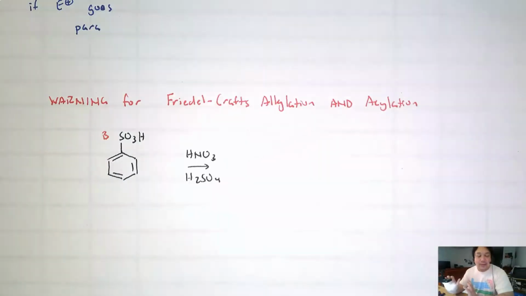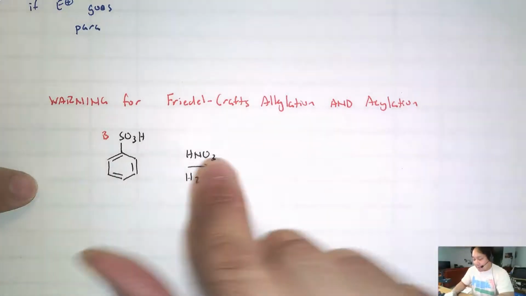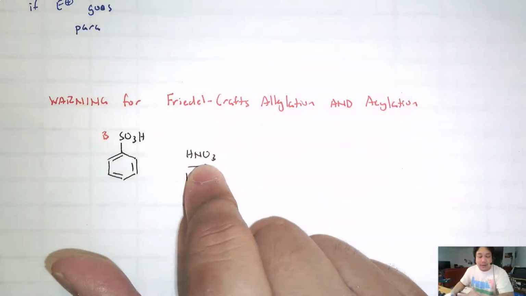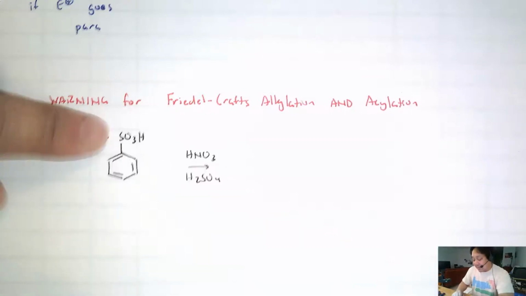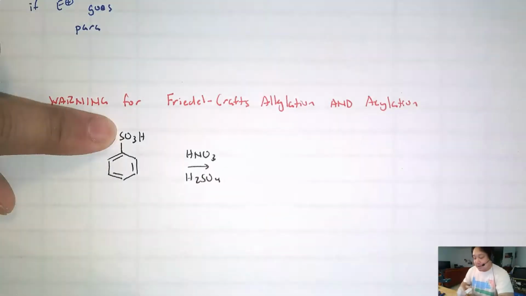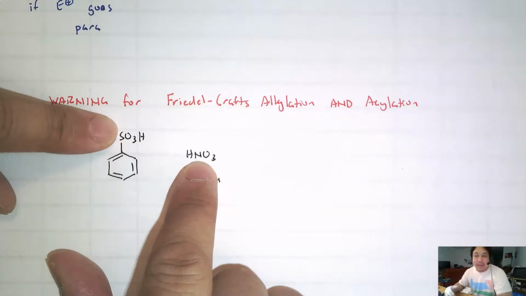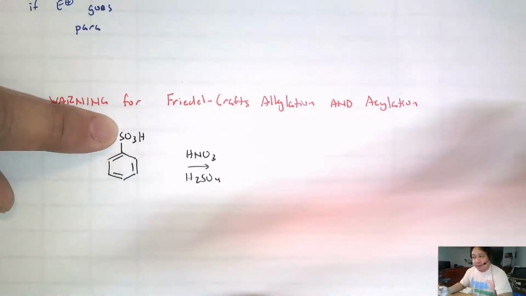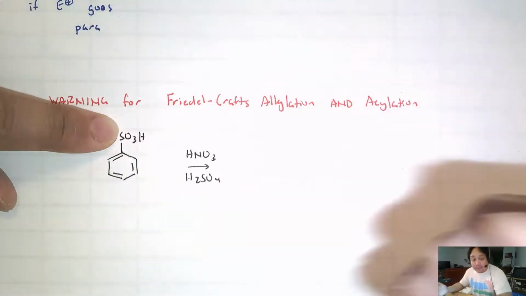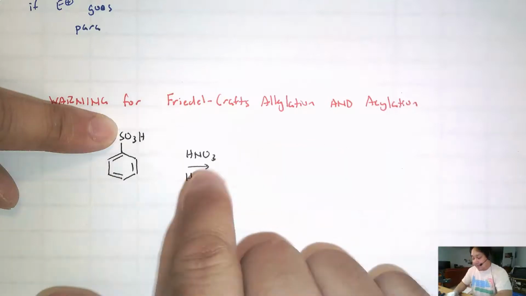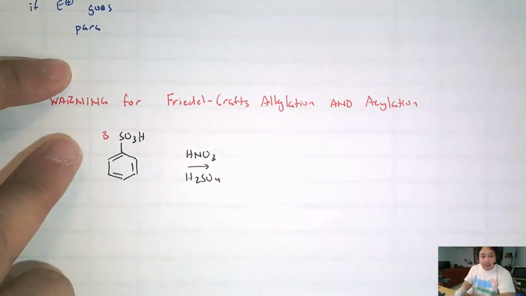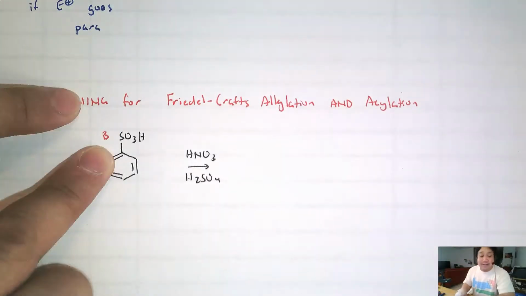Again, what students confuse a little bit is it's not the group that you're adding that's determining where you put it. It's the group that already exists on the ring that determines where you would put this group, whether it be a nitro group, a bromine, a chlorine, another sulfonate. Okay, it's dependent on the group that already exists.